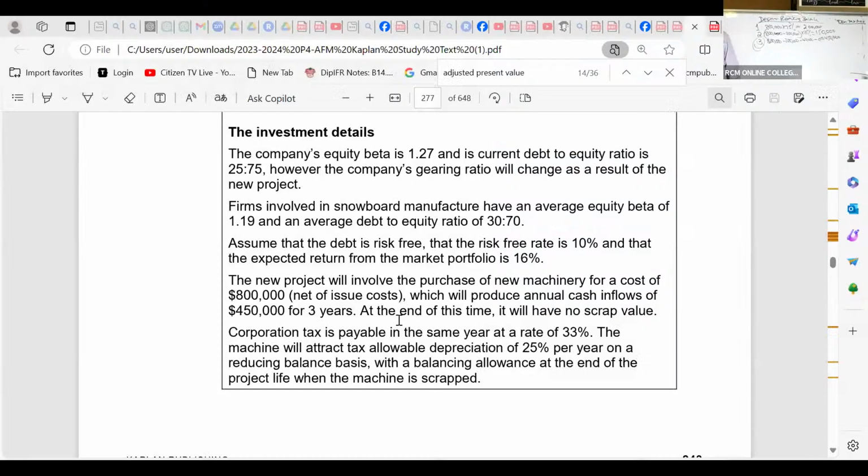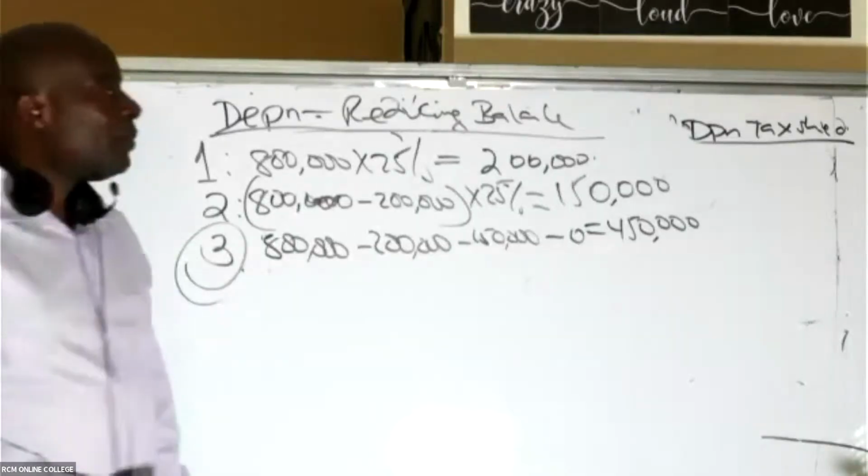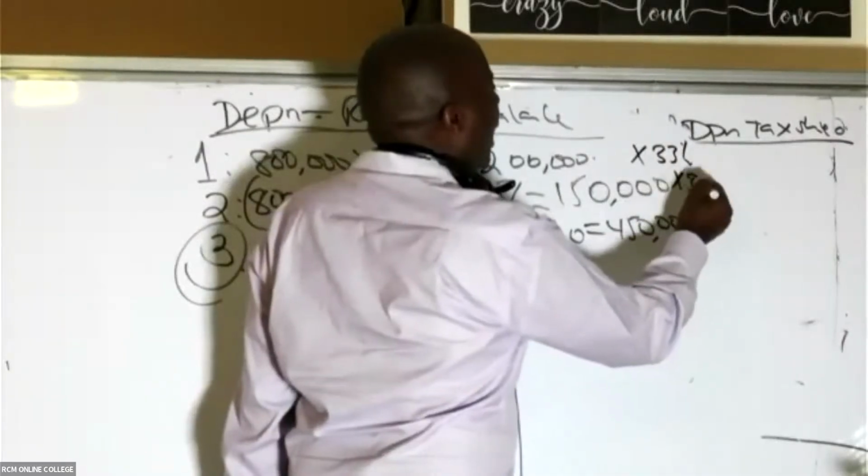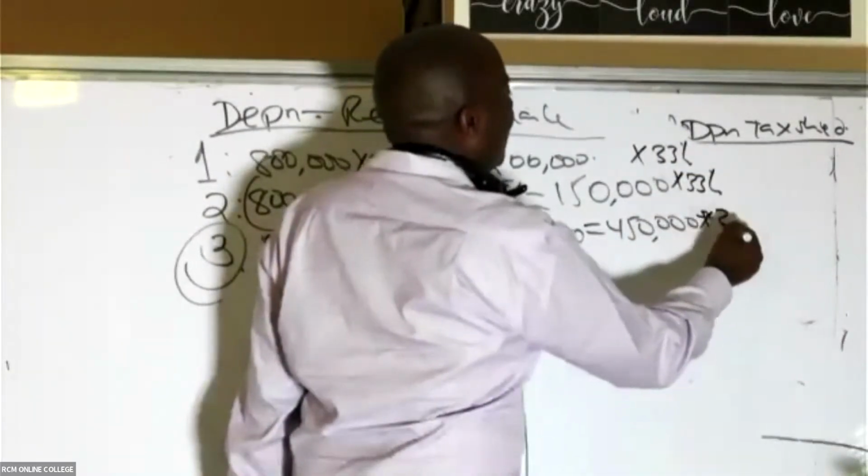Where is the information about corporation tax? Corporation tax is payable in the same year at the rate of 30%. So the tax is paid in the same year, times 30%.